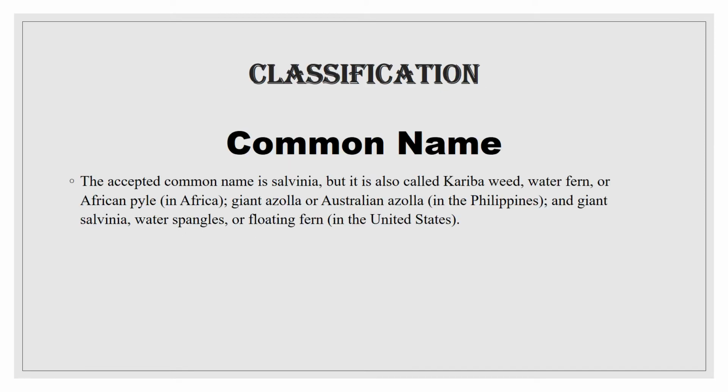The accepted common name is Salvinia, but it is also called Kariba weed, water fern, or African payal, and it can also be found in Africa. Giant azolla or Australian azolla can be found in the Philippines, and giant Salvinia, water spangles or floating fern, can be found in the United States.